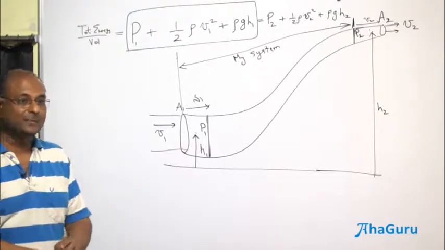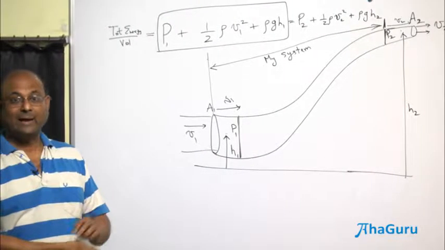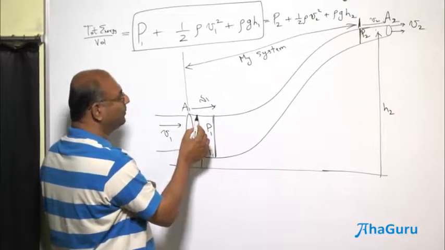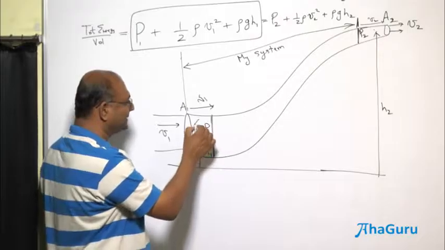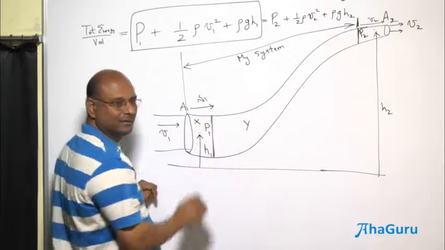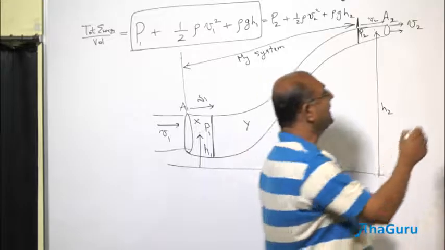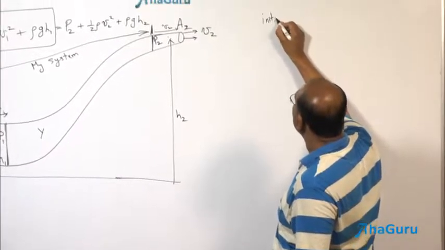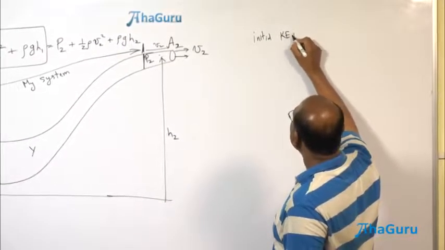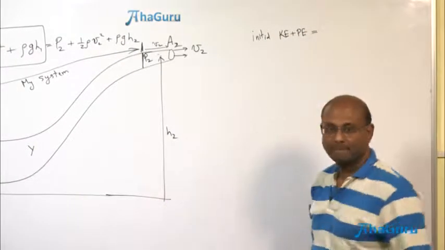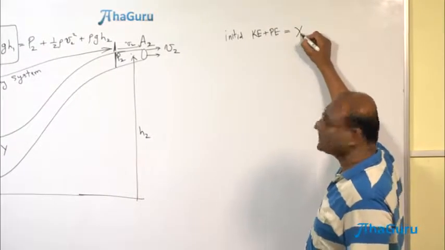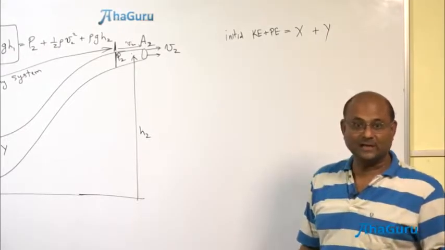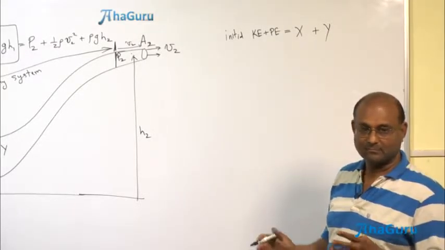Work done on my system must be equal to change in kinetic energy of the system. But the kinetic energy of the system has two parts, X and Y, right? Initial kinetic plus potential energy is X portion's initial kinetic plus potential plus Y portion's initial potential plus kinetic, right?